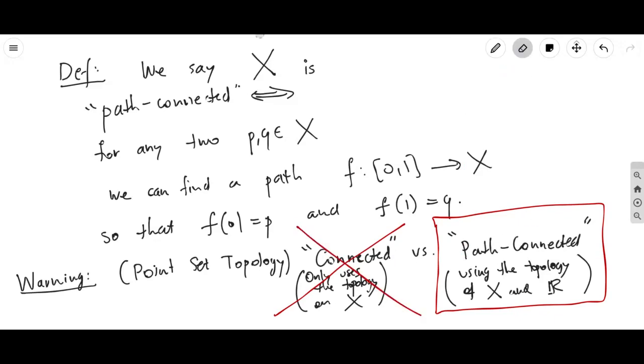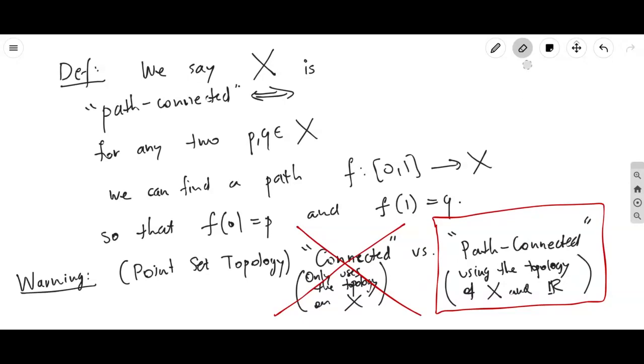Connectedness is actually trickier to define. It's more confusing. It requires more understanding of point set topology, and I do not want to go there because we do not need to go there. Also, for the kind of spaces that we're going to be interested in, namely manifolds, these two notions will actually be equivalent to each other. So that's the definition of being path connected.